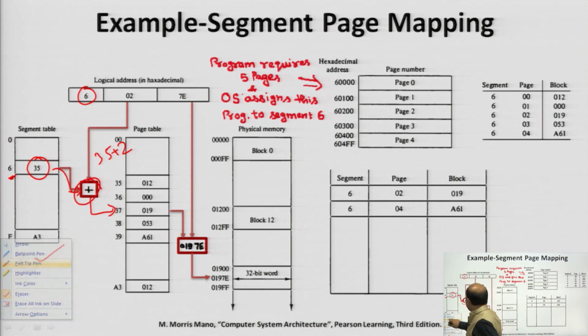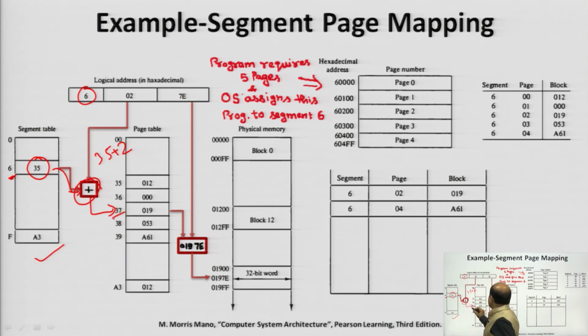Now at page number 37, we have to access the page table. You can see at page number 37, the entry of block is 019, which is concatenated with the word or line number. So 019 is produced by the page table, and corresponding to this, 7E will be concatenated with the block number.